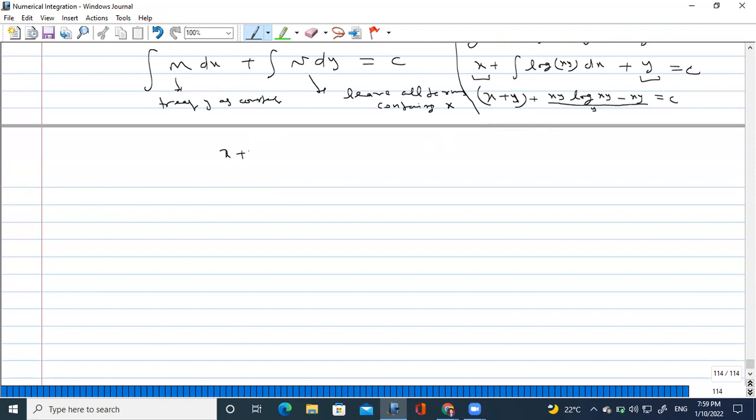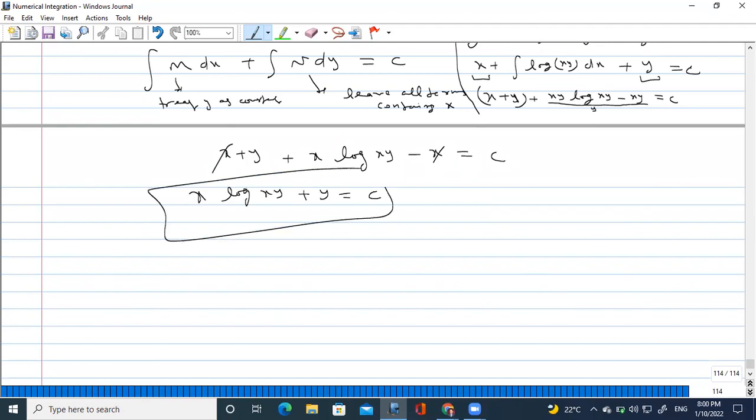It will become x plus y plus x log xy minus x is equal to c. So x and x cancel. So the answer will be x log xy plus y is equal to c. So this is the answer. Like this you can solve such type of equation.